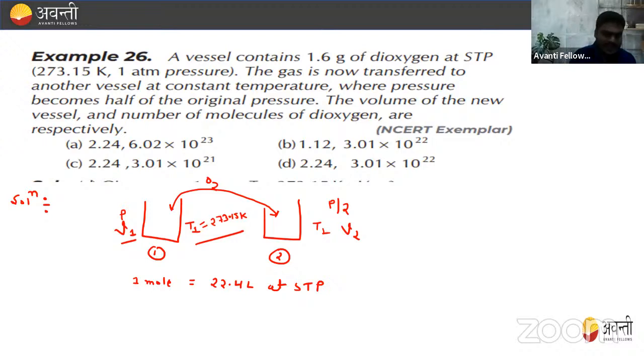Similarly, what else can we write, son? That 1 mole of oxygen, yeah, this is the 1 mole of O2 is equal to 22.4 liter at STP. Similarly, we can also write 1 mole of O2 is also equal to its molecular mass, that is 32 gram. Okay, we can write.